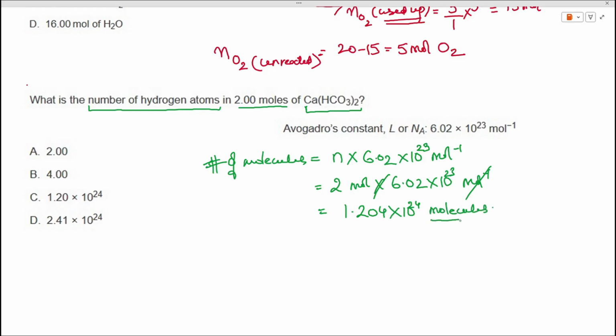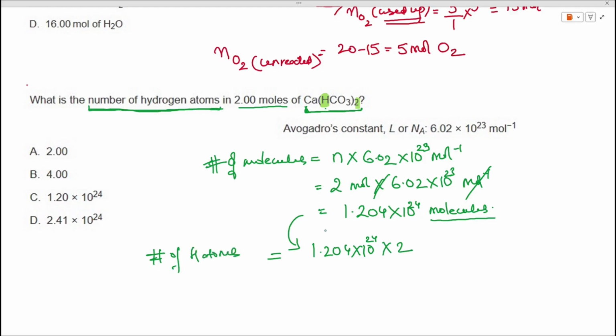And why are we saying molecules? Just because it's a compound given to us, and we have to find the number of hydrogen atoms. So one molecule has 2 hydrogen atoms. So we are going to take the number of molecules we have found and multiply that number by 2, because each molecule has 2 hydrogen atoms, to get the total number of hydrogen atoms.